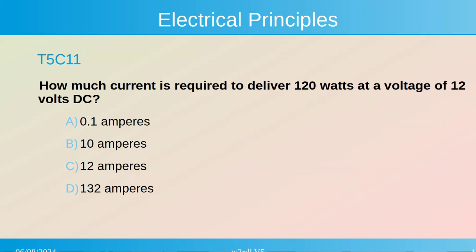So what I would want to multiply, 120 by 12. That'd be 1,440 amps. Wow. Where you're trying to find current, so you'd be covering up the I. So you've got P divided by something.